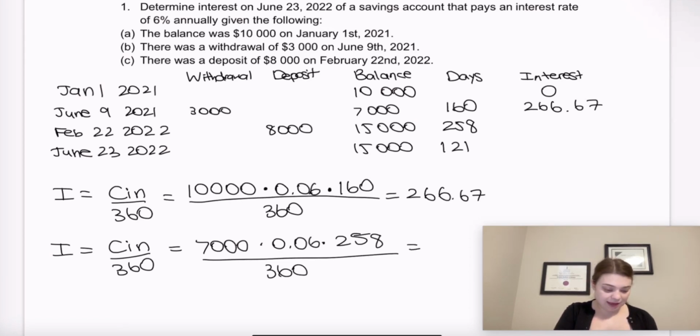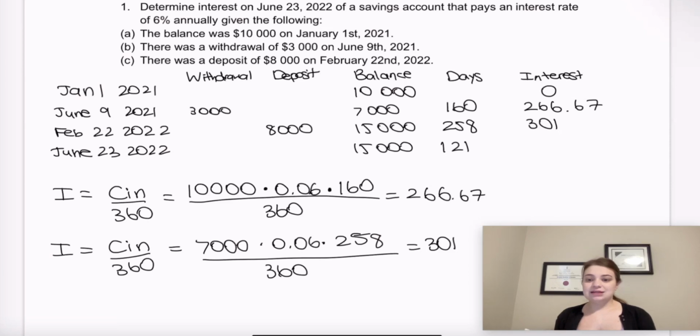Multiplying that out gives $301. So even though there was less in there, because it was enough more days, we still ended up with a bit more interest there.